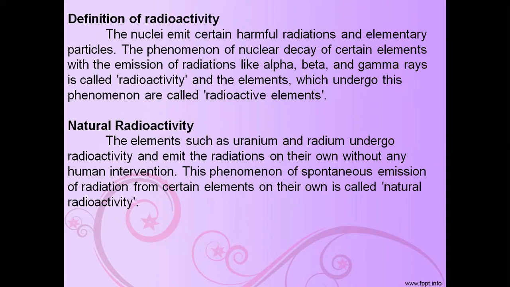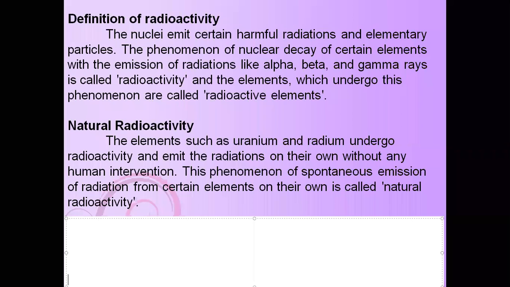Okay, those elements are technetium and promethium. Technetium's atomic number is 43 and promethium's atomic number is 61. So these two substances show spontaneous radioactivity.